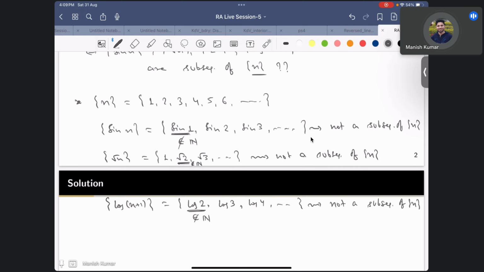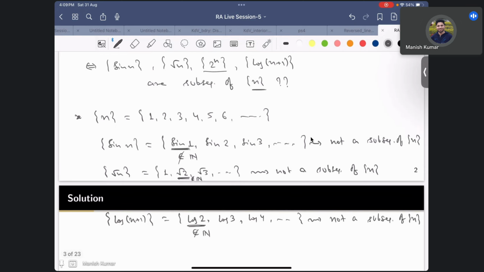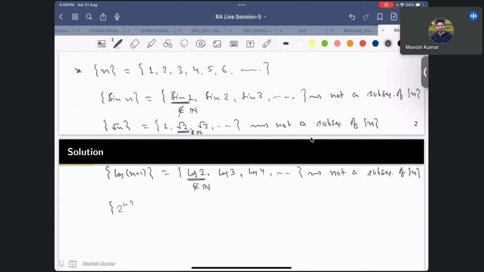Now if we look at 2 raised to the power n, it is 2, 4, 8, and all these are a subset of the natural numbers, in other words the sequence n.